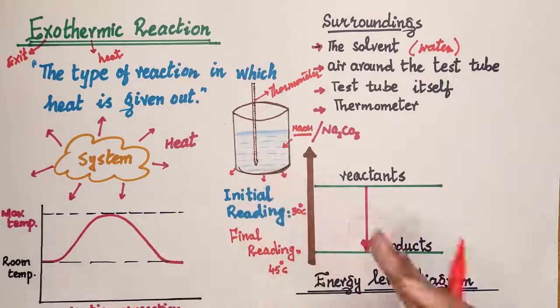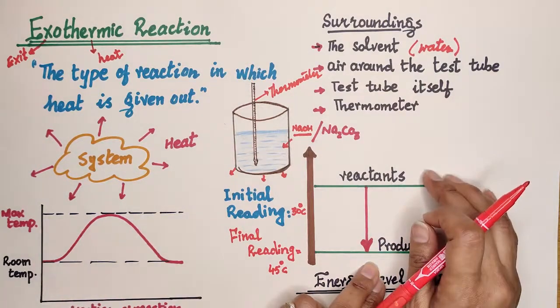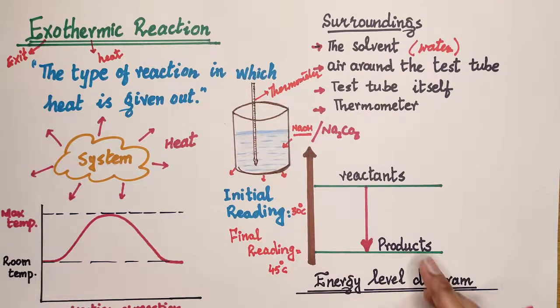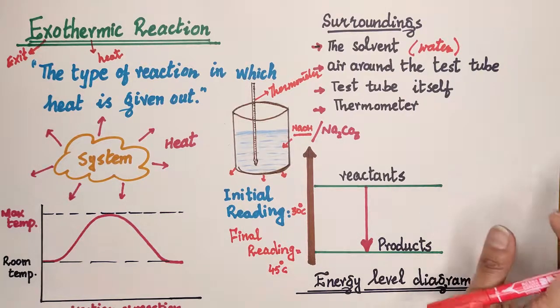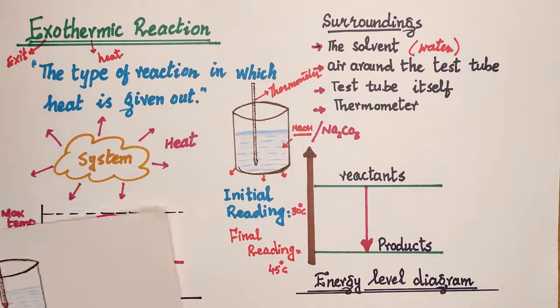So products have less energy than the reactants. So this is the energy level diagram. Why do products have less energy? Because all of the heat energy is released or given out to the surrounding. So we say that the product has less energy.